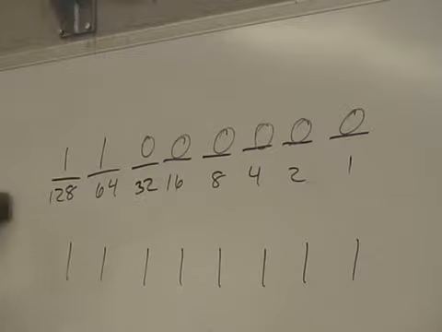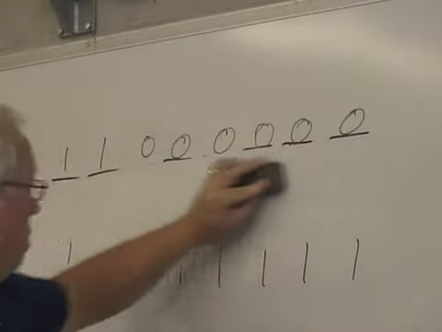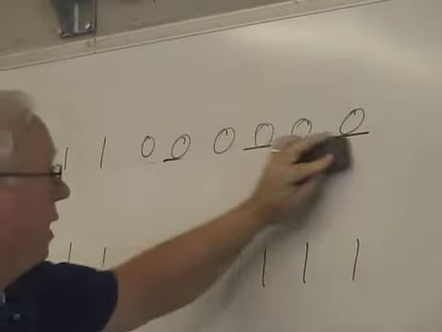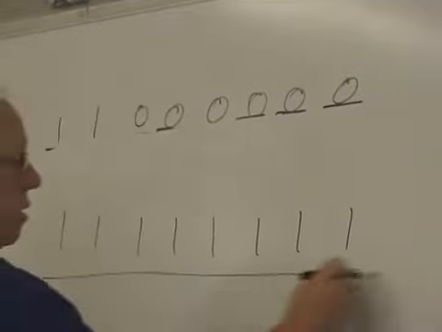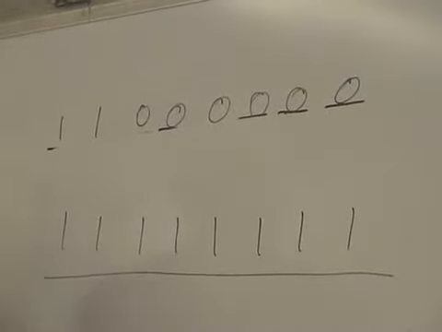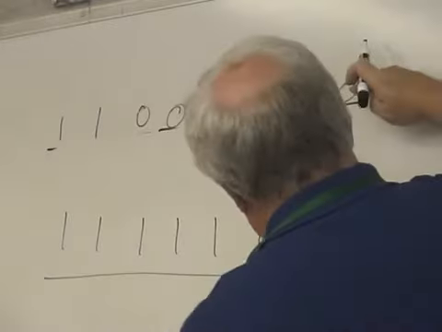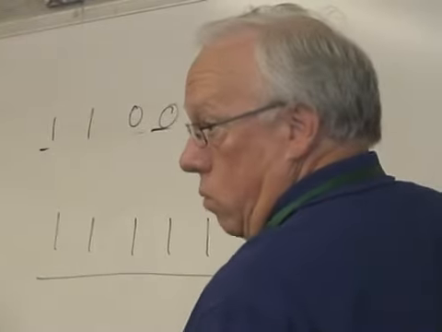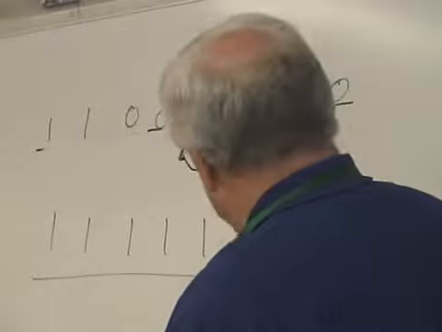Let me erase this part so it's not confusing us. What happens when I AND a 1 and a 0? Remember how an AND works? If this and this are 1s, then I get a 1. So what's the answer here?